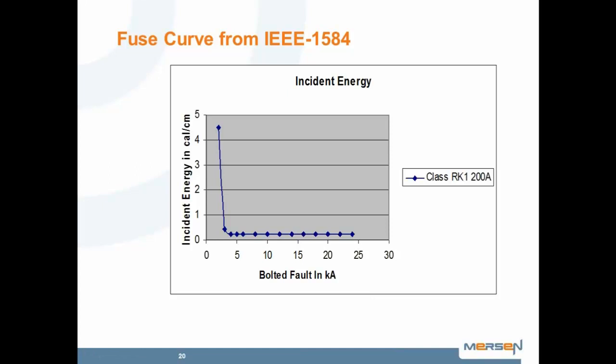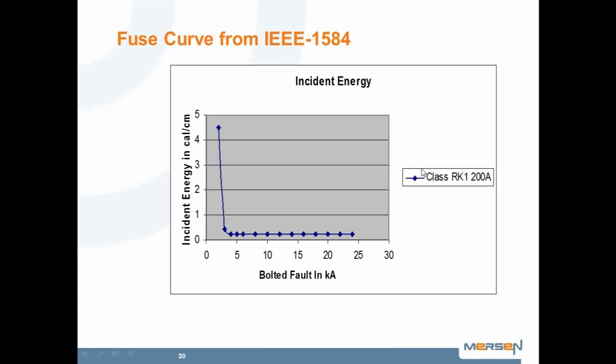Now this is a fuse curve from the IEEE 1584 standard, and they are presenting it. One axis, this horizontal axis, is bolted fault current in thousands of amps, and the vertical axis is incident energy in calories per centimeter squared.